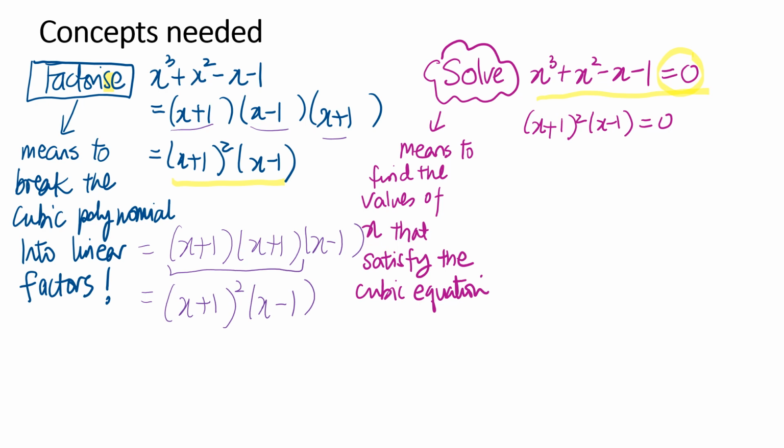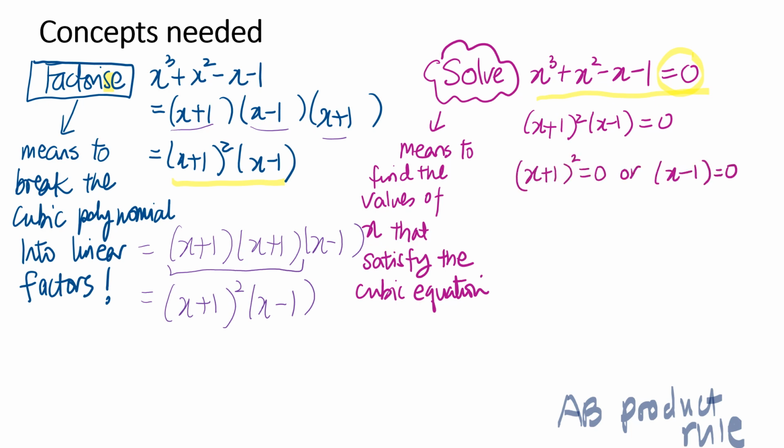And then we apply the AB product rule. If you remember, what is the AB product rule? It means it can be x(x plus 1) to the power of 2 equals 0, or x minus 1 equals 0. And from there, we solve the values of x, which could be negative 1 or 1.